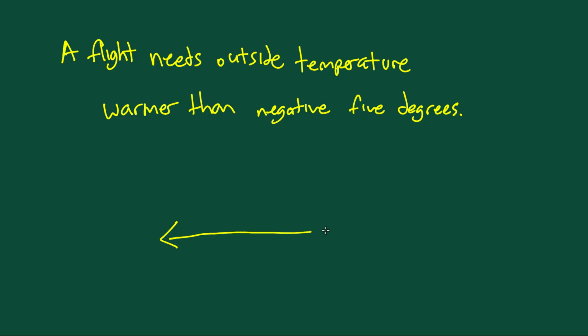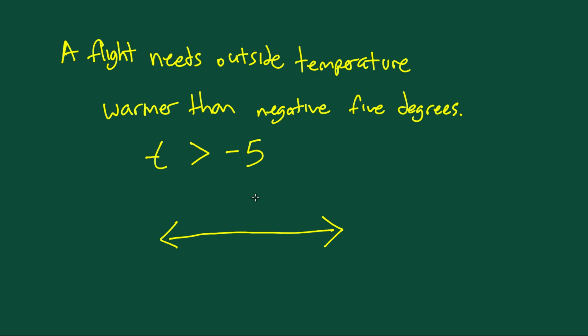Okay, so here's our number line. So, warmer than, for temperature, warmer temperatures means higher. Okay, so warmer than is going to be greater than. So if we say outside temperature T needs to be warmer than, greater than, -5 degrees.